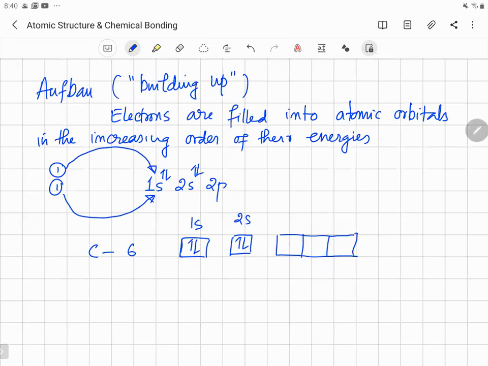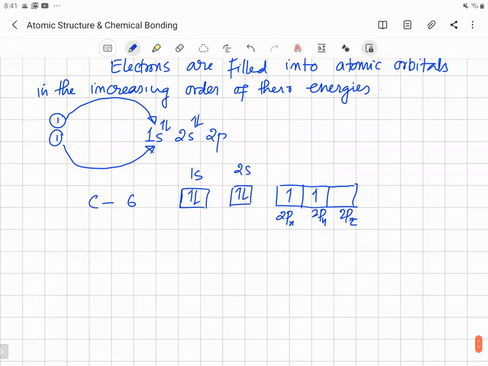Now, the fifth electron should go to one of the 2p orbitals, 2px, 2py, or 2pz. And the sixth electron should go to the next degenerate orbital, 2py. It should not pair in 2px because it violates Hund's rule of maximum multiplicity, right?